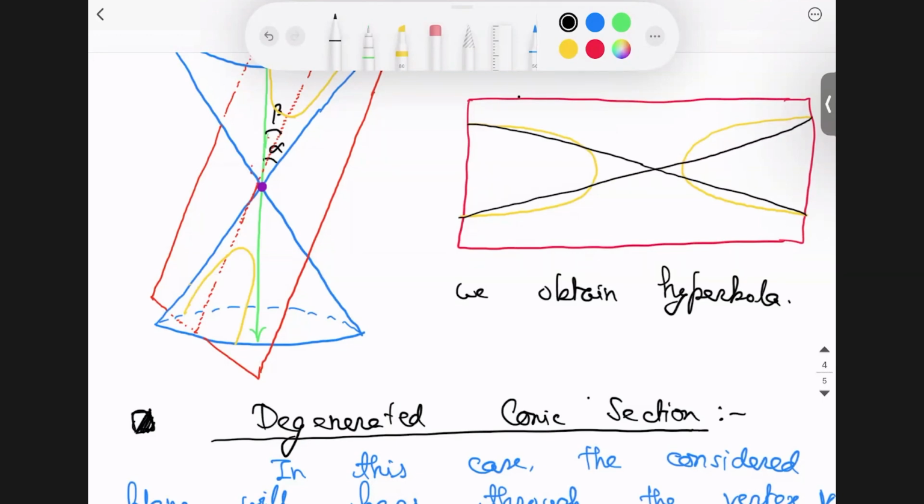As soon as this red plane passes through the vertex, we get two straight lines intersecting each other. If it is not passing through the vertex, then we will get that yellow curve. And this is called the degenerate version of hyperbola.